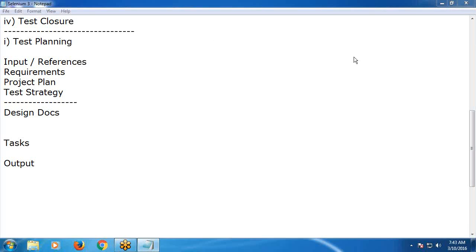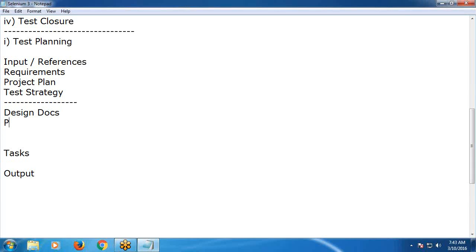Niladri, sir, how about the estimation? Estimation is an activity. It is not a reference. Okay, it's not input. Put mute. Design documents, HLD, LLDs.